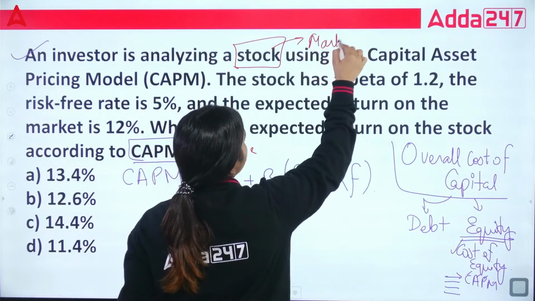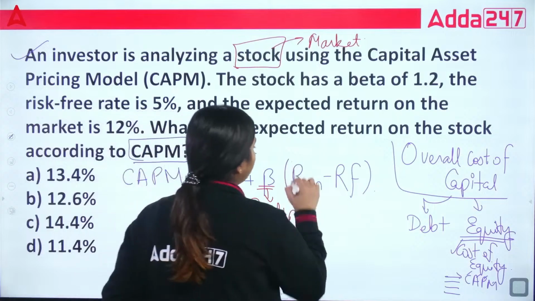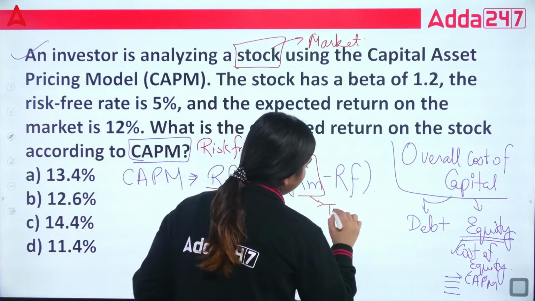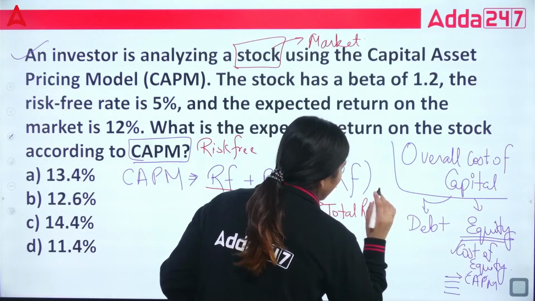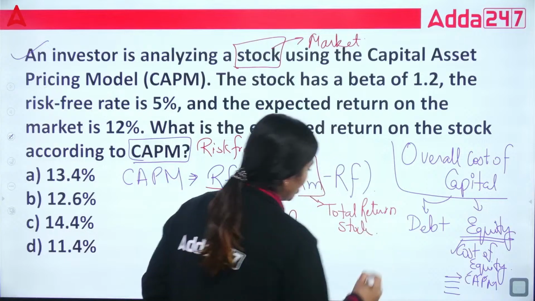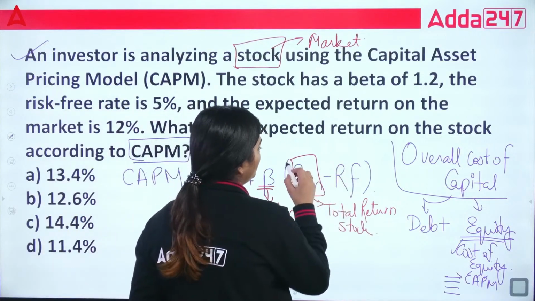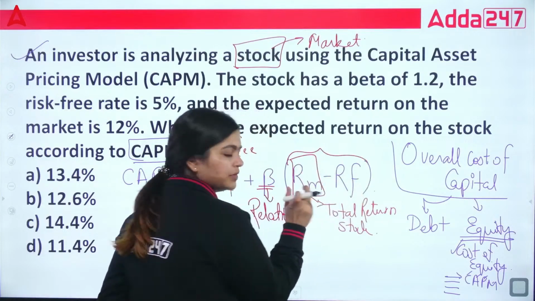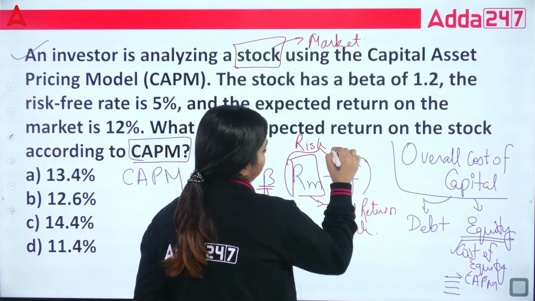And RM is the total return that you are going to get from that particular stock. As soon as you subtract the RF, you get this bracket as the risk premium.